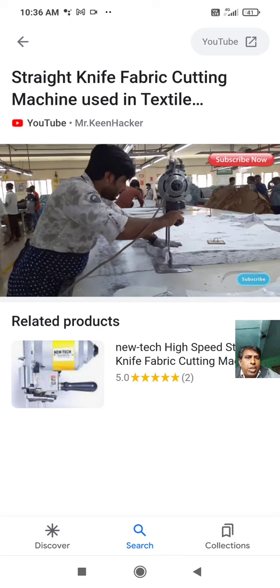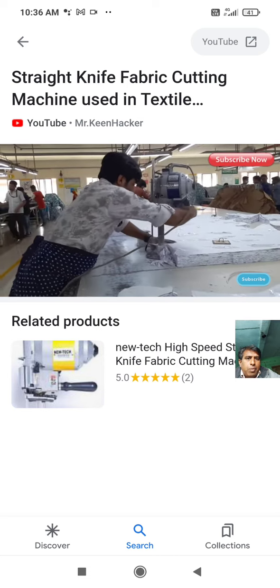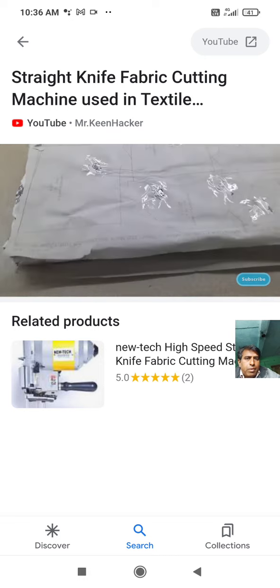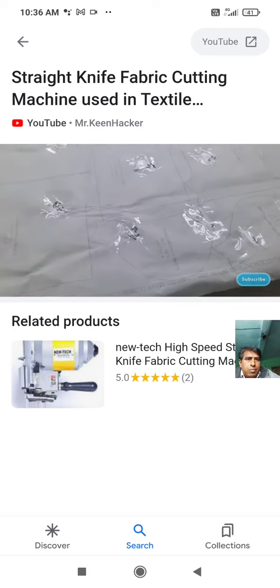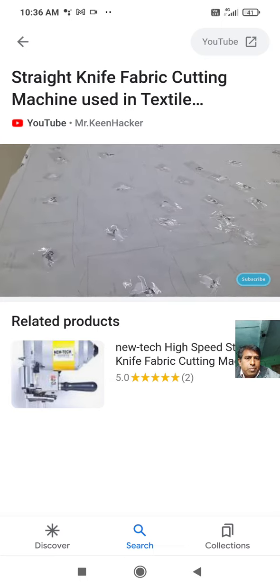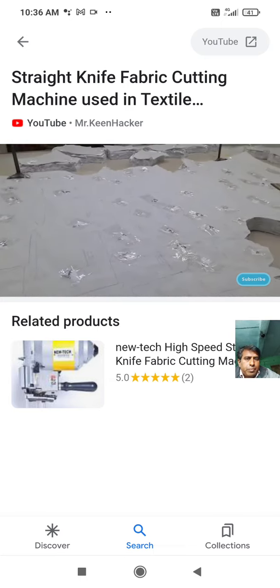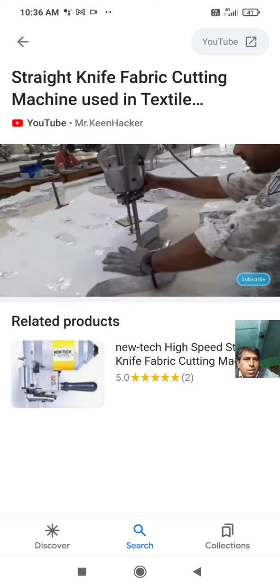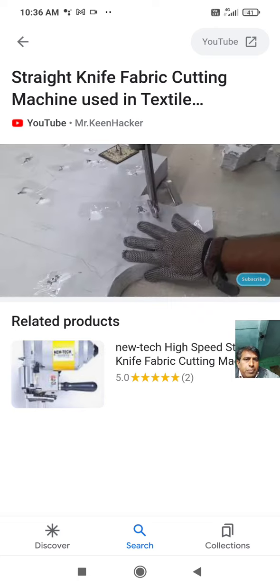That is precision cutting. Precision cutting. You see? That is the cutting machine.